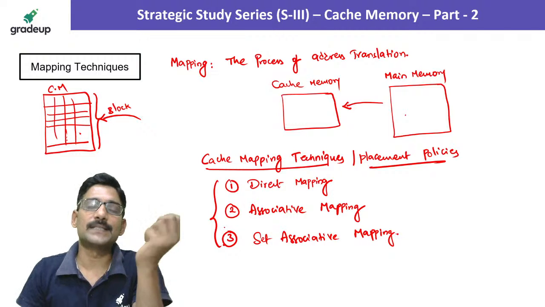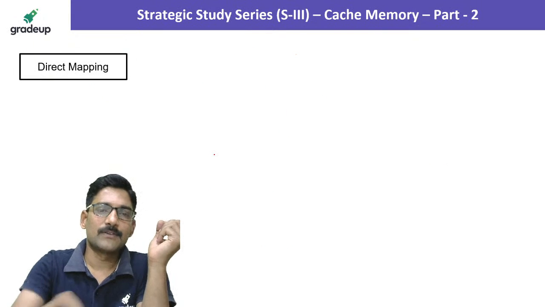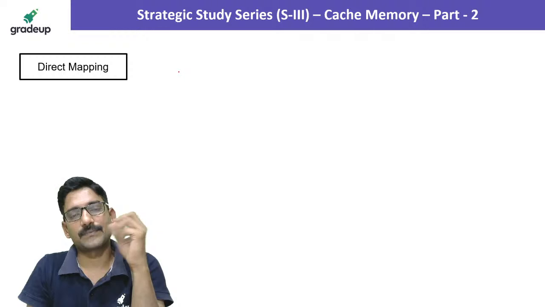Now let's see how it works. First, direct mapping.